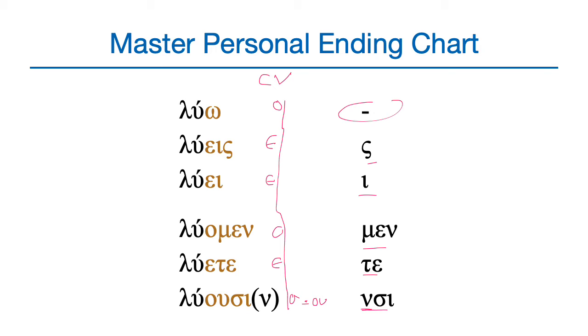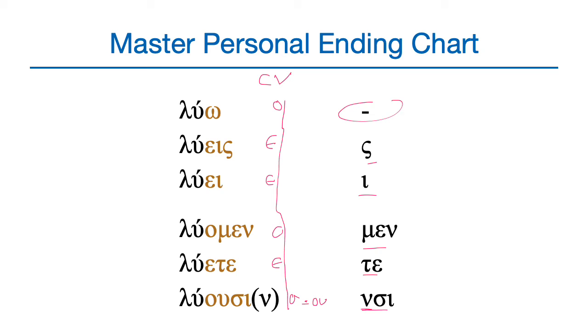First person plural, stem is Lu, connecting vowel is omicron, personal ending is men, so you have Luomen. Second person plural, stem is Lu, connecting vowel is epsilon, personal ending is te, so you have Luete. Third person plural. Now pay attention.